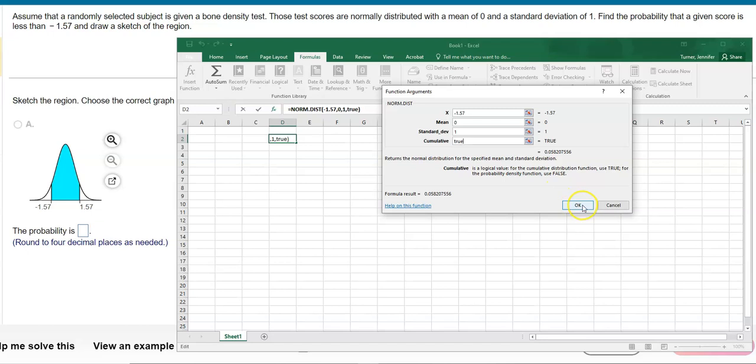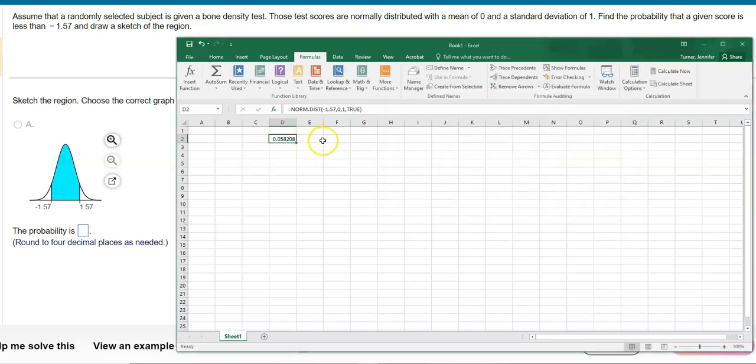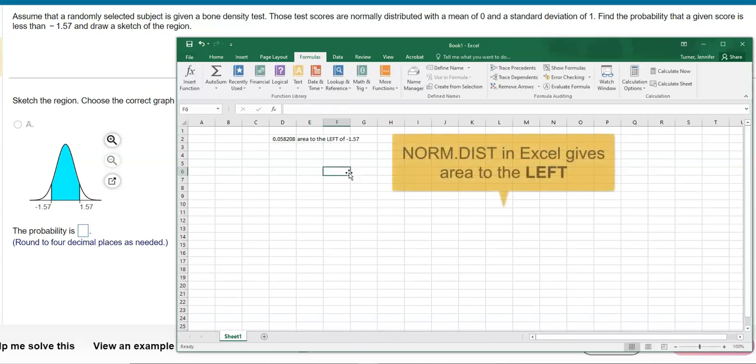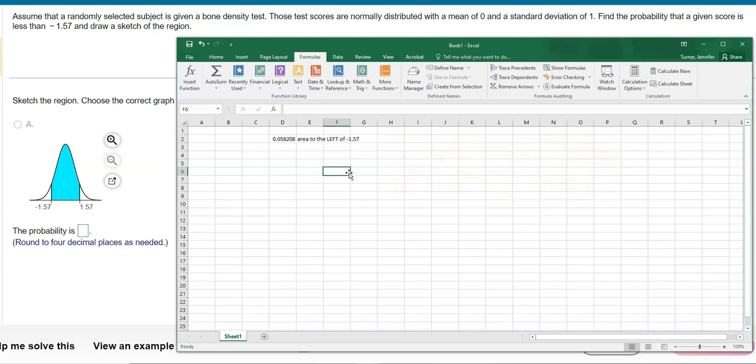So we click OK. And this area right here now, this is giving us the area to the left of negative 1.57. It's important to know that Excel is always giving you the area to the left of the value that you put in that x field whenever you use this function.